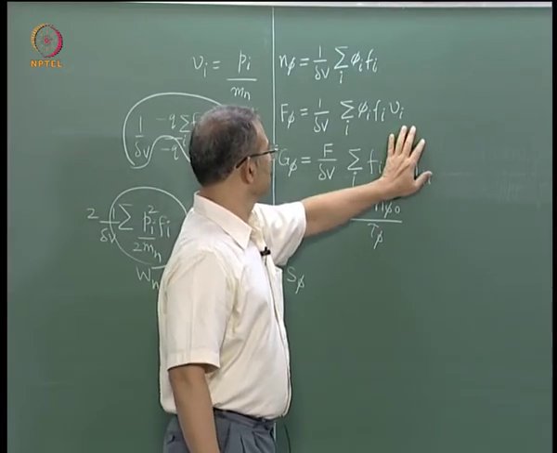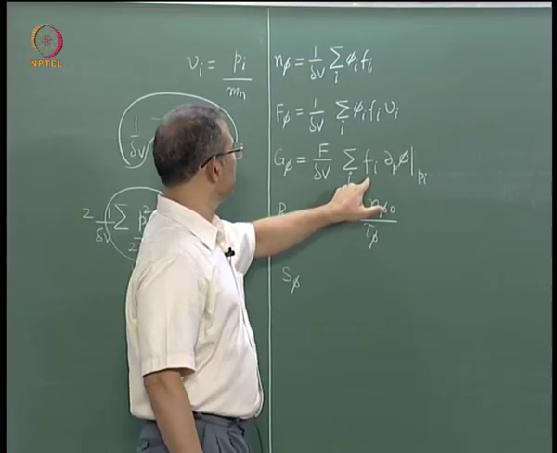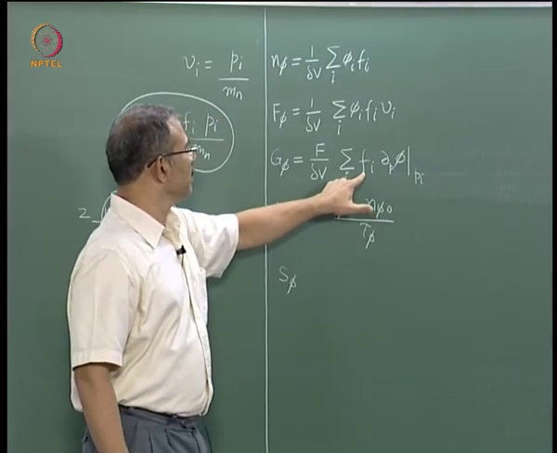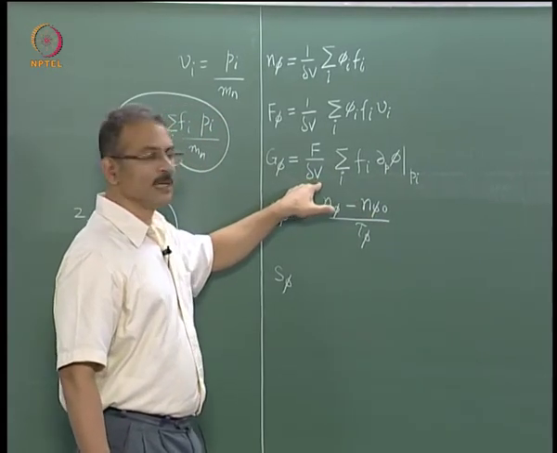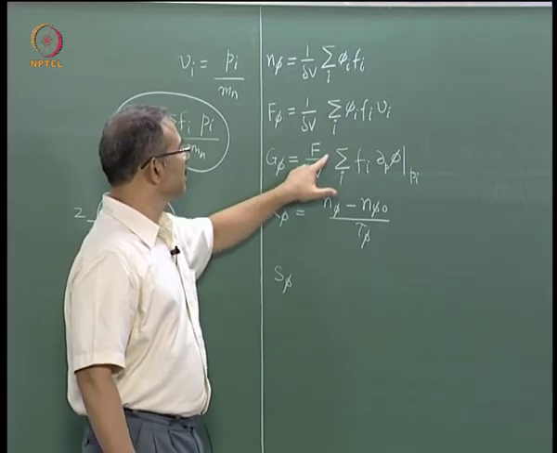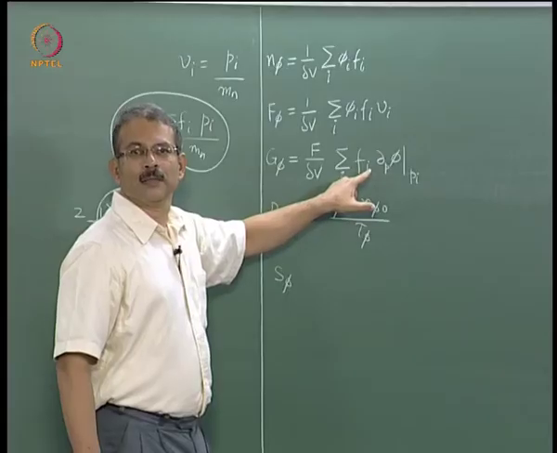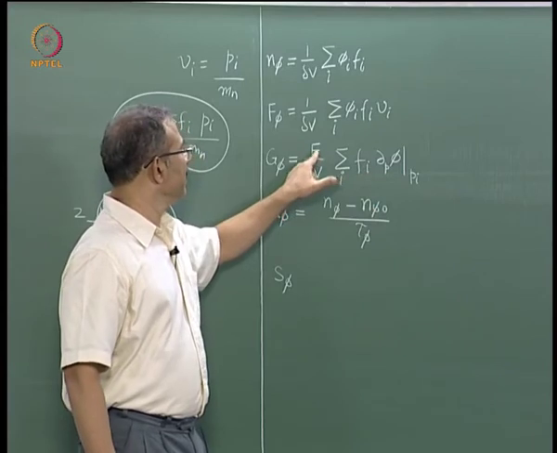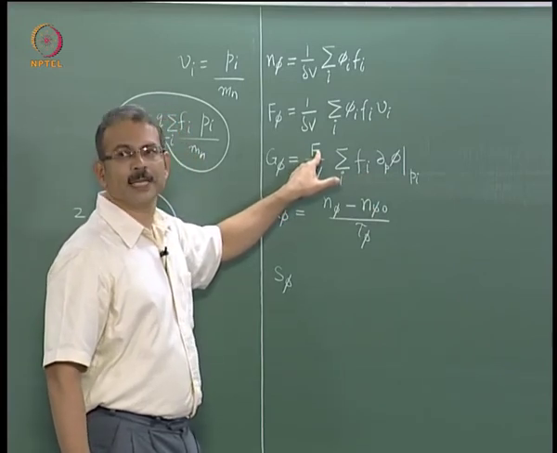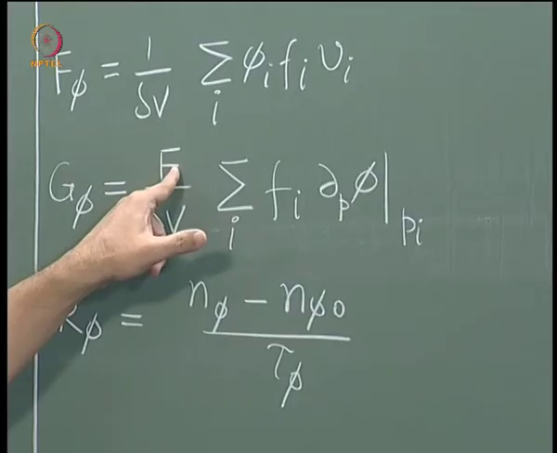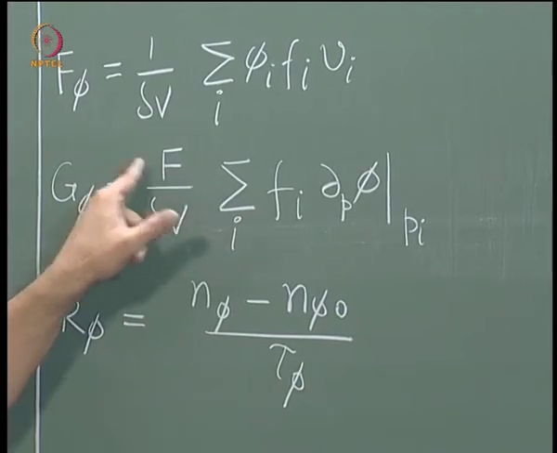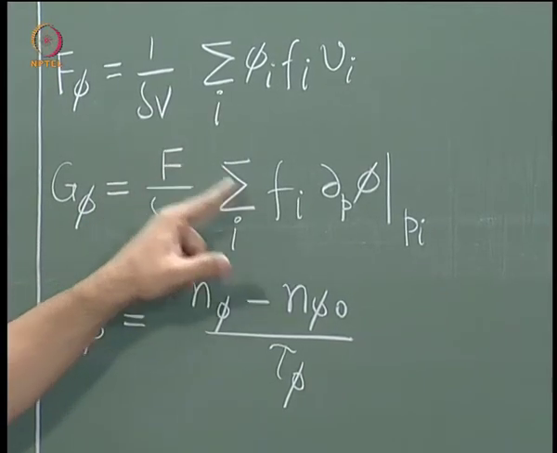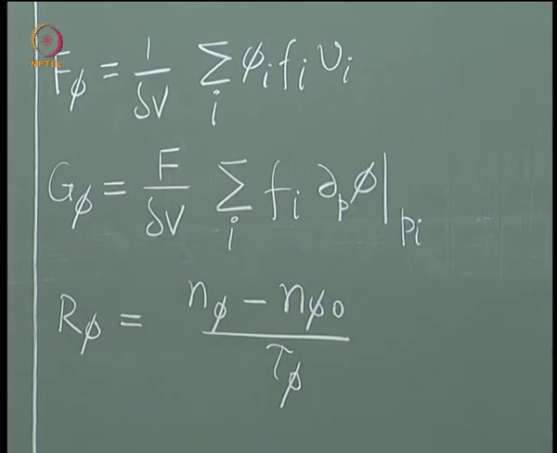So this goes out. So you are simply left with sigma of f i divided by delta V. Now we have already said that this is nothing but the carrier concentration n, and F is minus q times E, that is the force, and therefore g phi becomes minus q E into n. So that is what is shown here.